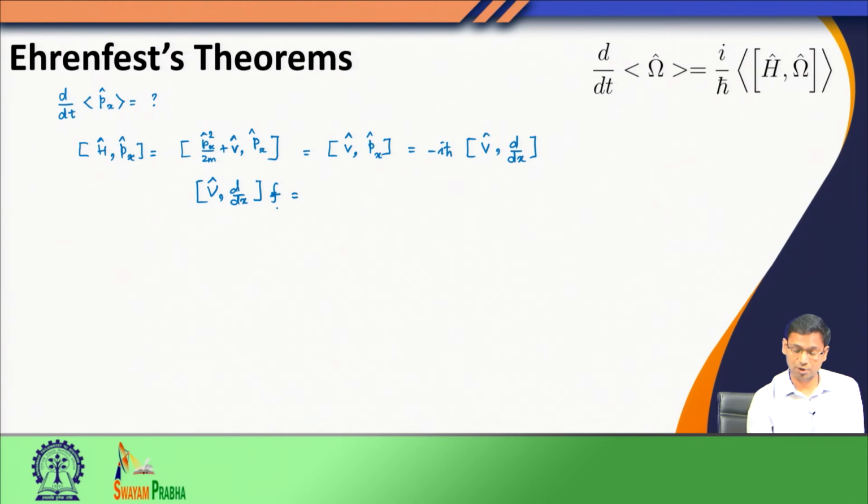So, when I evaluate this commutator, because this is an operator, I must use a function. The result of this is a b on the function minus b a on the function.